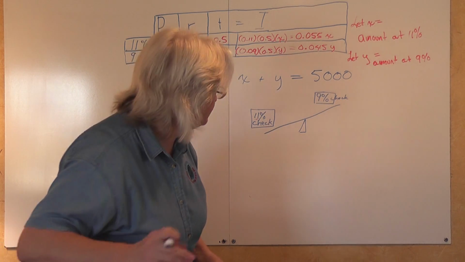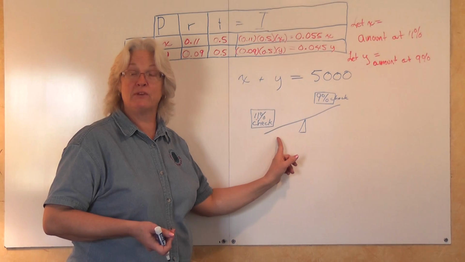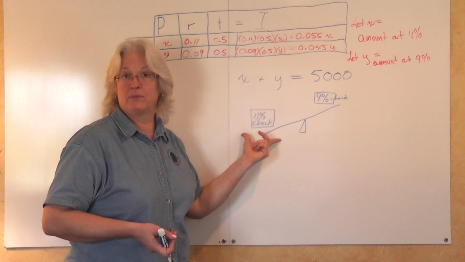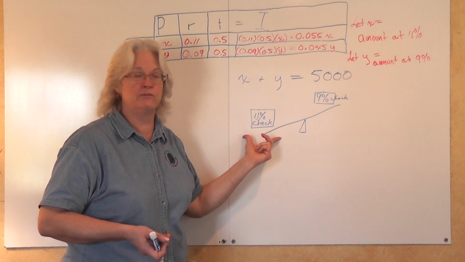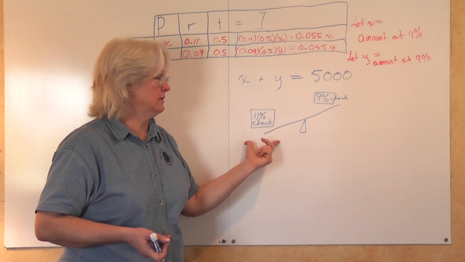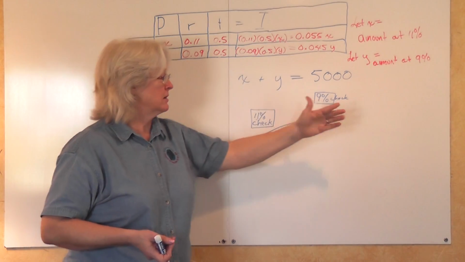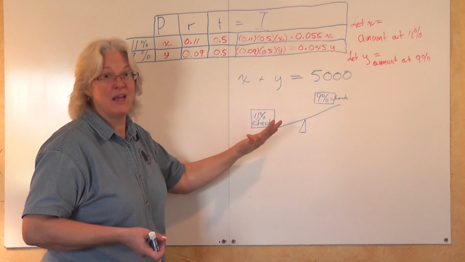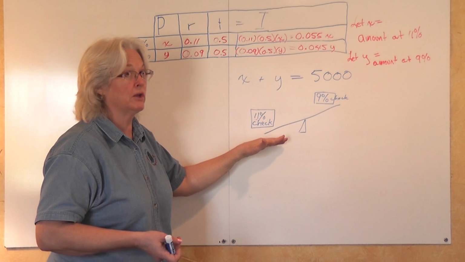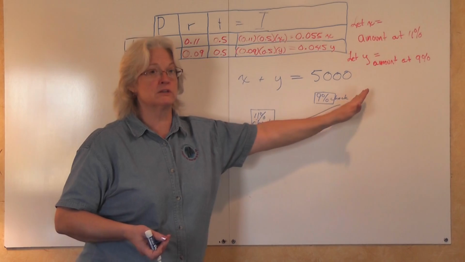It says this investment check here, the 11% investment check, was $95 more than the 9% check. So think about it as pounds, there's 95 pounds more over here, or $95 more over here than there on this side.